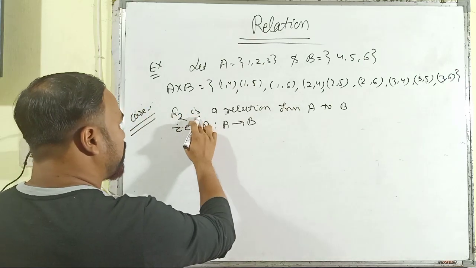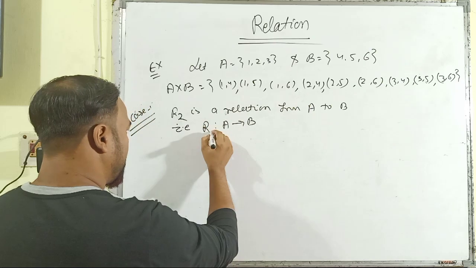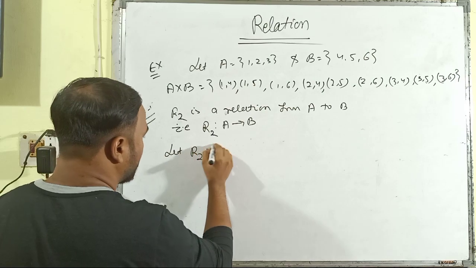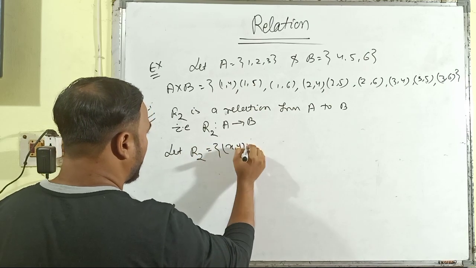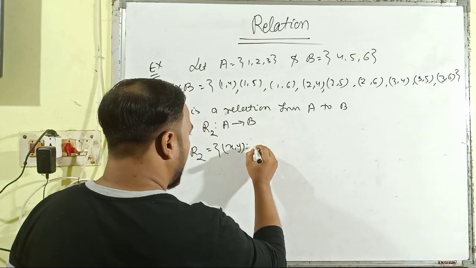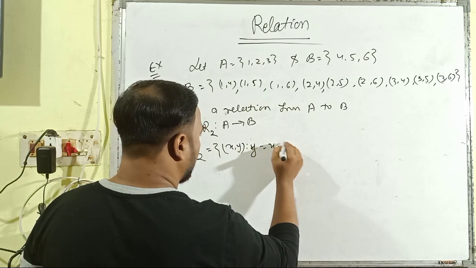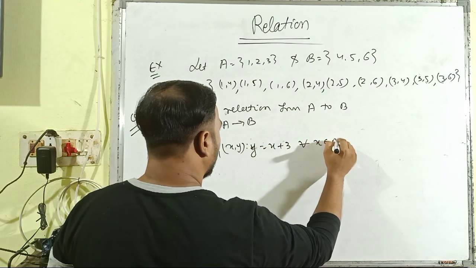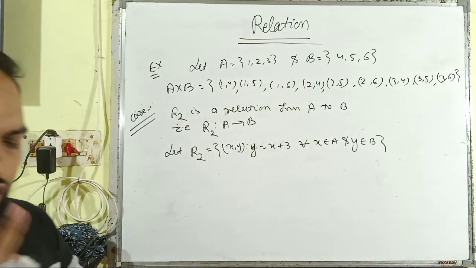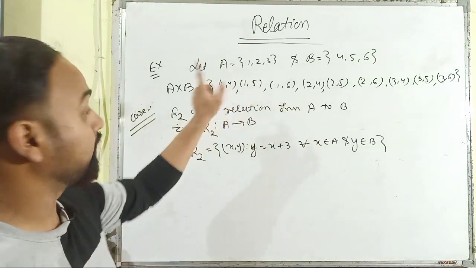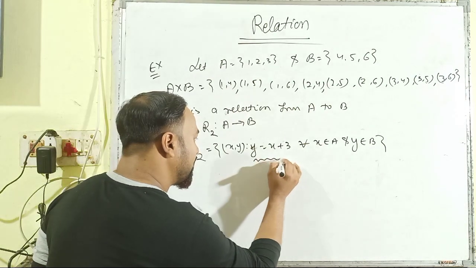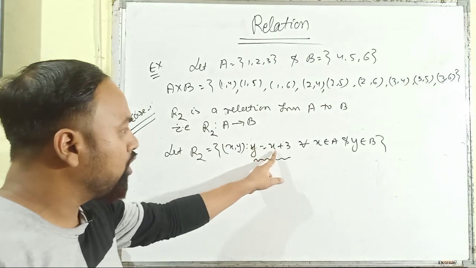Let R2 be a relation from A to B. Let R2 be defined as the collection of all possible ordered pairs (x, y) such that y = x + 3 for all x belonging to A and y belonging to B. That means we have to find such ordered pairs from the Cartesian product so that they satisfy the condition y = x + 3.